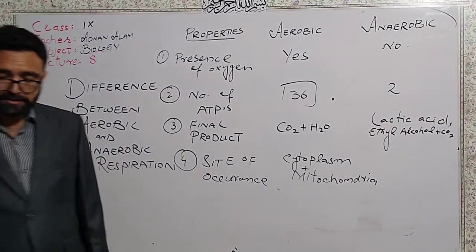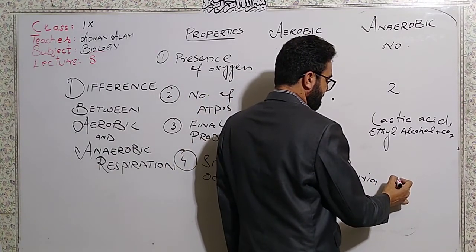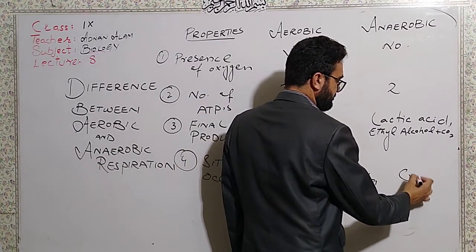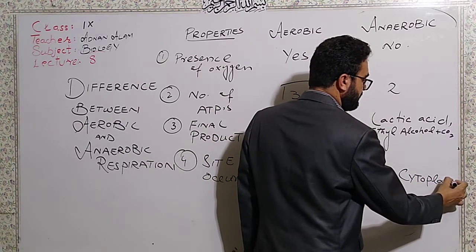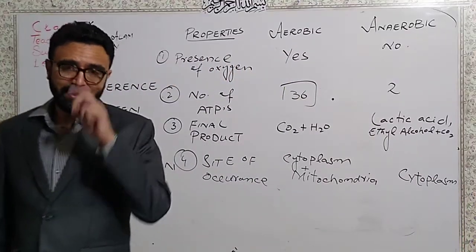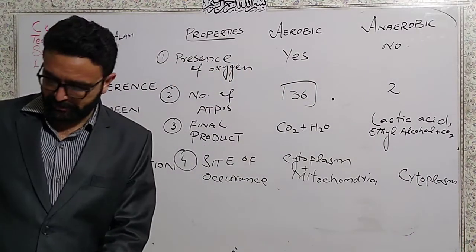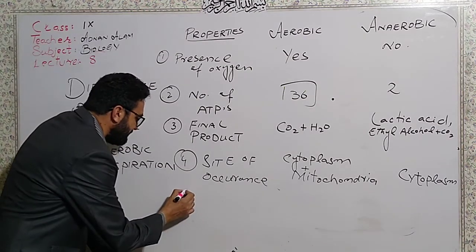And anaerobic respiration occurs just in the cytoplasm. There is no involvement of mitochondria in anaerobic respiration. And the last one is its importance.